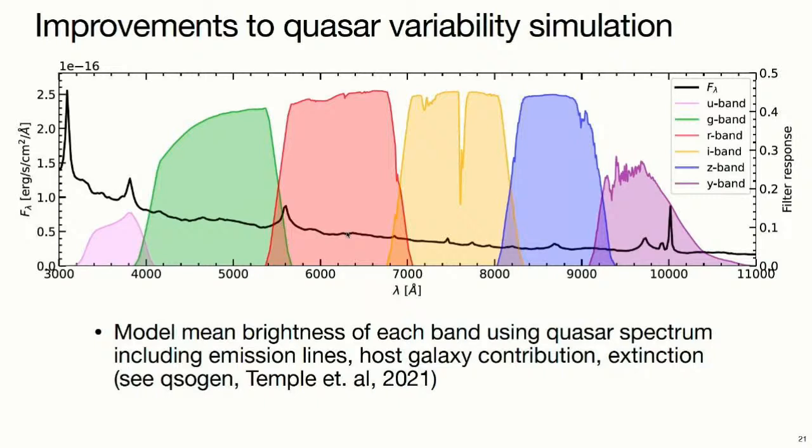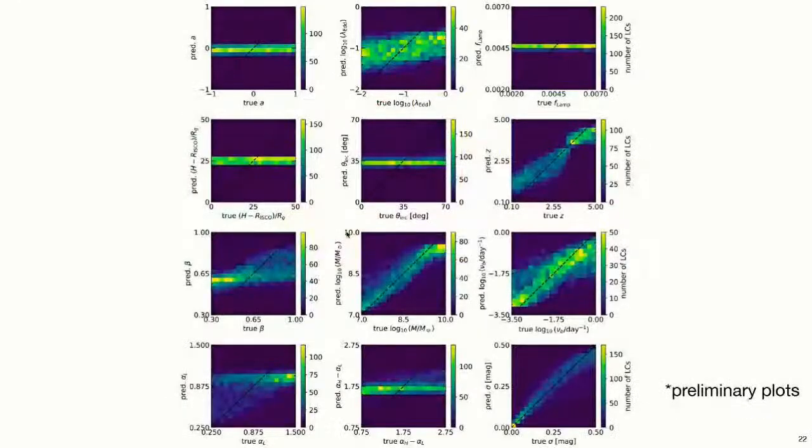We actually integrate that with the LSST response functions to get the mean brightnesses of each band. And that gives us information related to the redshift, for example. We could actually have some predictive power on the redshift now, since we know information on the brightnesses of each band. So this is very useful for photometric redshift prediction, and also predicting the Eddington ratio.